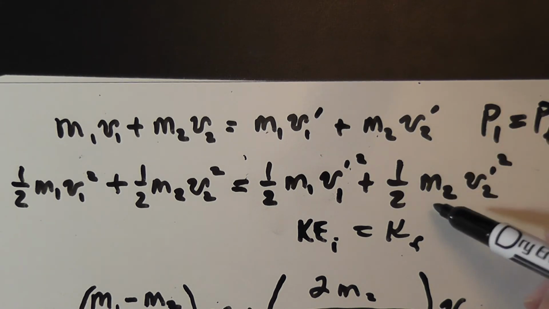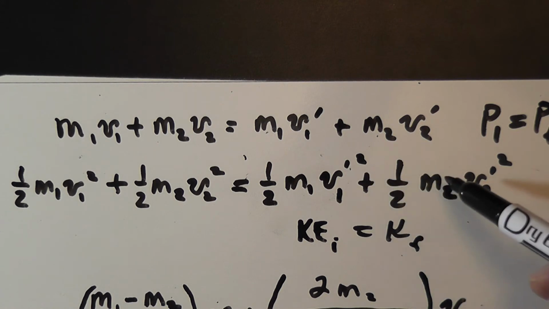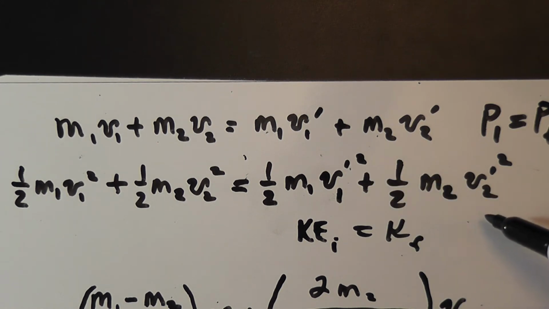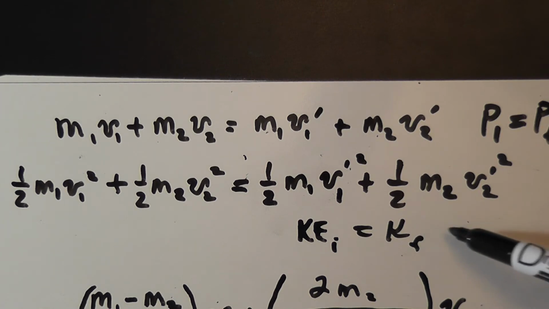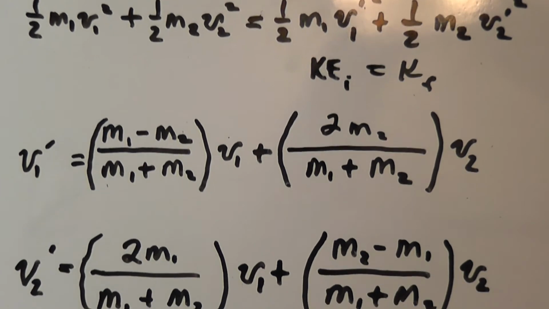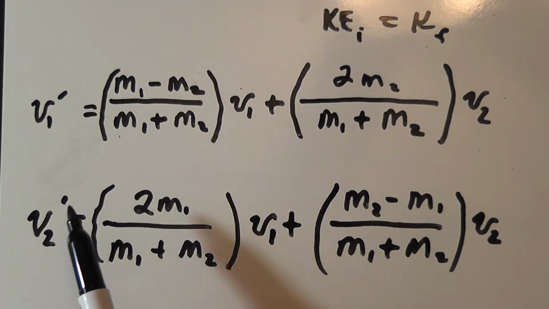If you were doing a test and you didn't remember the equations, this way you should not make a mistake, hopefully, in the algebra as you do it, because there's a lot of algebra here. But when you do this, this is what you get right here.